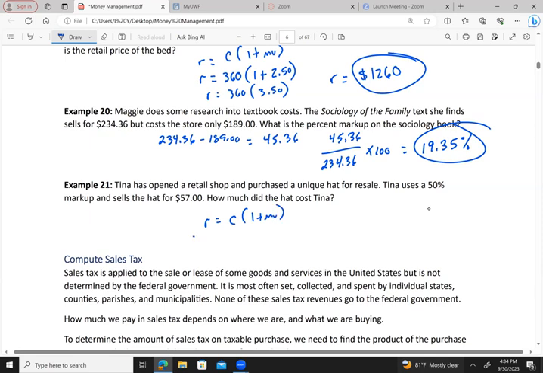We know the retail, $57. We don't know the cost. We know the markup, 0.50. So now I have $57 equals 1.50 times C. So the cost is $57 divided by 1.50.